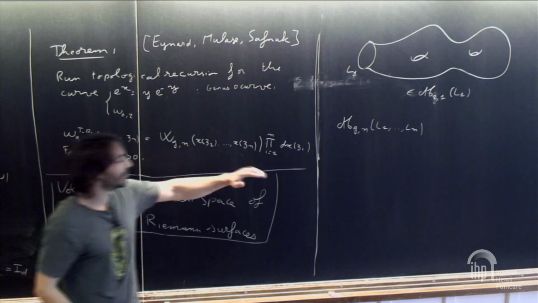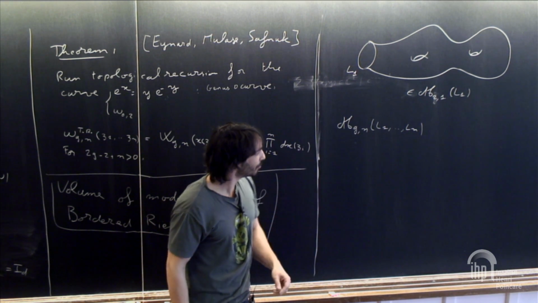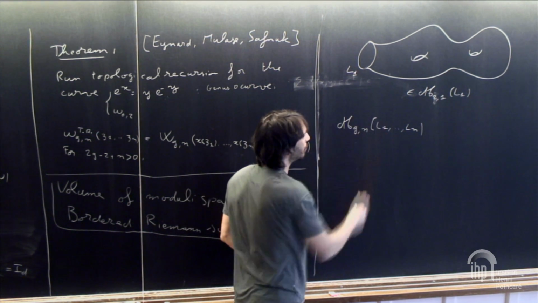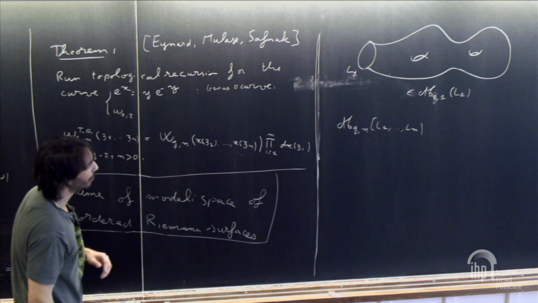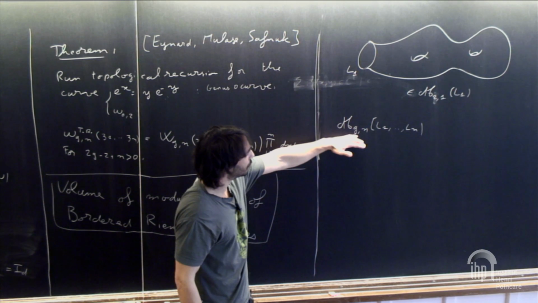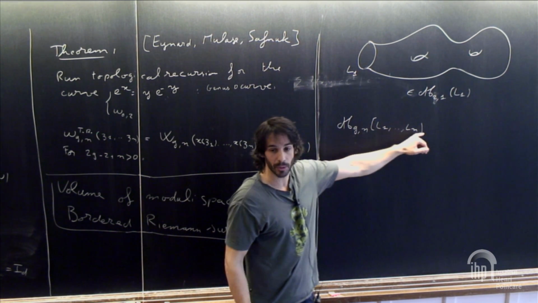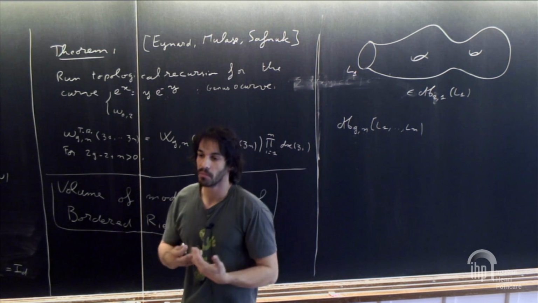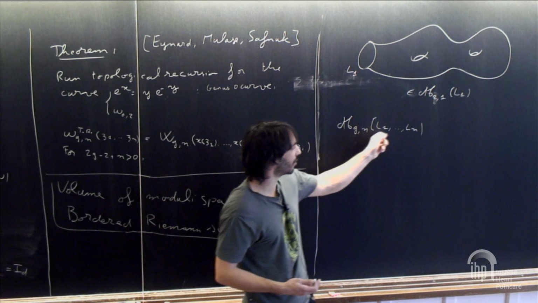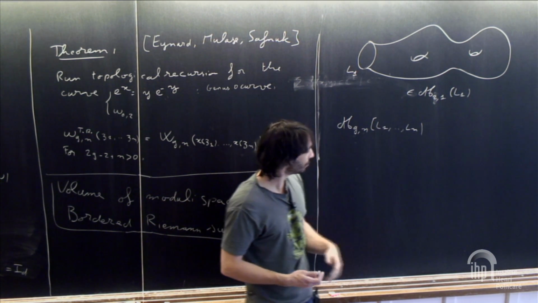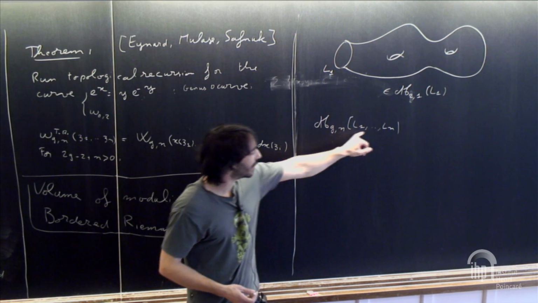So I will not discuss the detail of the construction of this moduli space, but I will give you a recipe to define this volume. So I want to know what is the volume of this moduli space if I fix n, g, and the length of the boundary. So in some sense, I want to know how many surfaces of genus G with n boundaries, whose boundary lengths are equal to L1 to Ln, I can build for fixed G, n, and Ls.